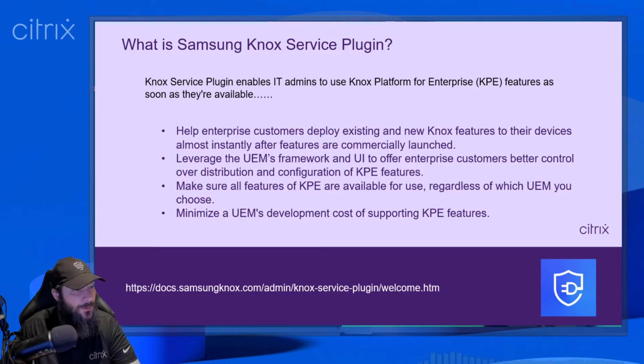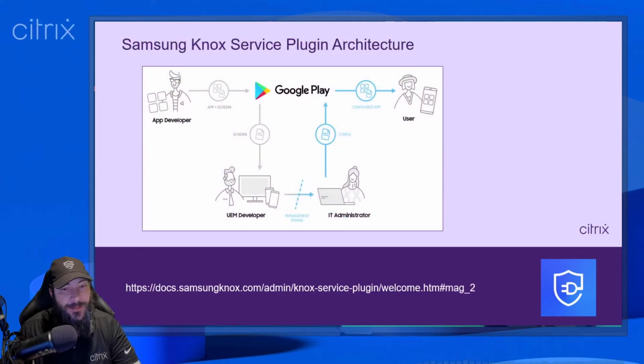It also reduces the costs on our side to develop the features, as they are instantly available through this new architecture framework. Now, let's have a look at this architecture framework.